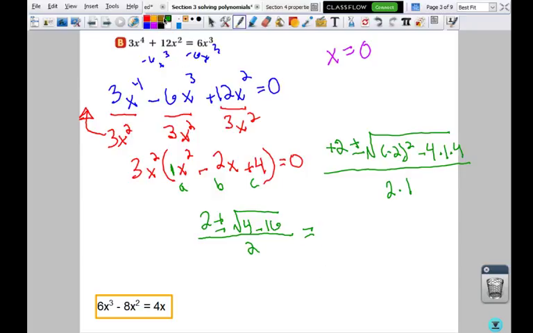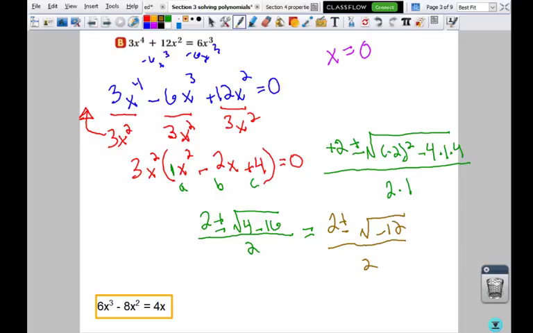Alright, we're going to keep going through. I'm going to have 2 plus or minus the square root of, and I go 4 minus 16 is negative 12. And then the whole thing is divided by 2. Devin, I'm going to put you on the spot. Can I square root a negative?